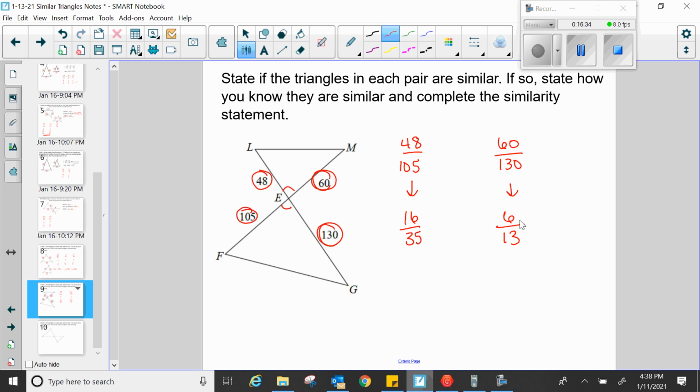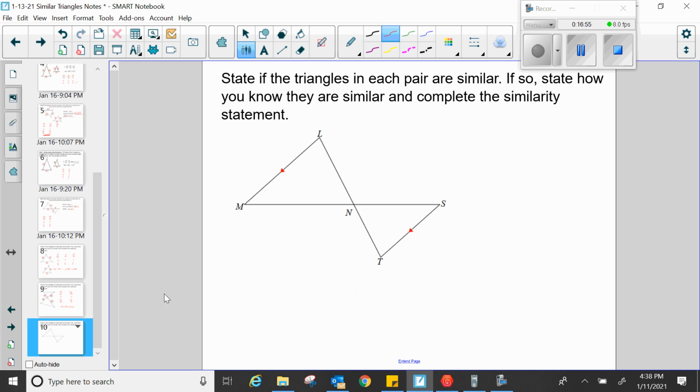So these two fractions did not reduce to the same thing, so the sides are not proportional. So even though the angles are congruent here, we don't have proportional sides. So I'm going to say no, these are not similar. Okay, and that moves us on to the last one.